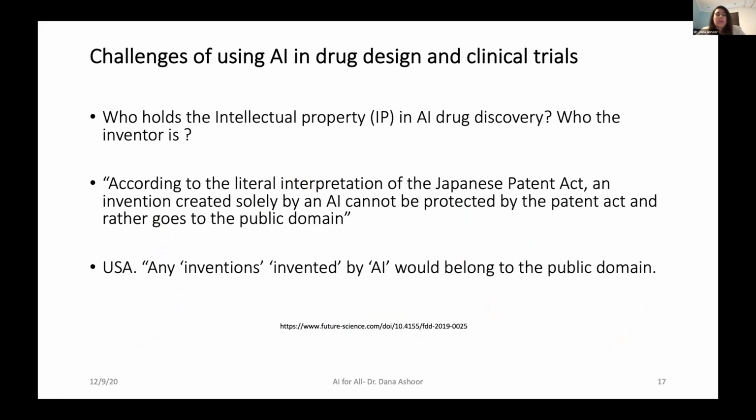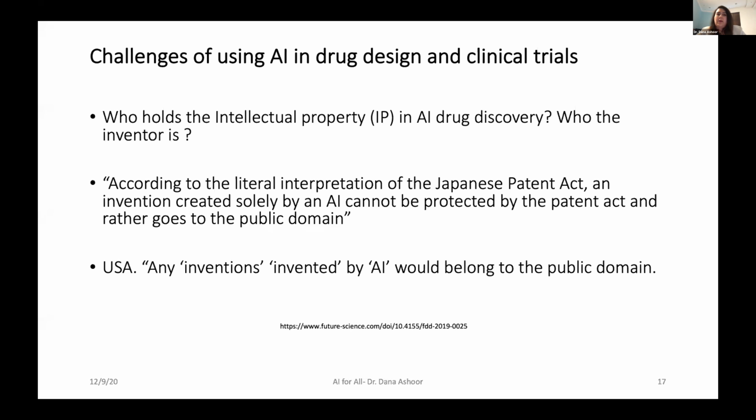A third challenge is regarding the IP, or the intellectual property. As it is becoming an integral part of our life and of our future, it is a science of the future, the intellectual property rules have to be set.